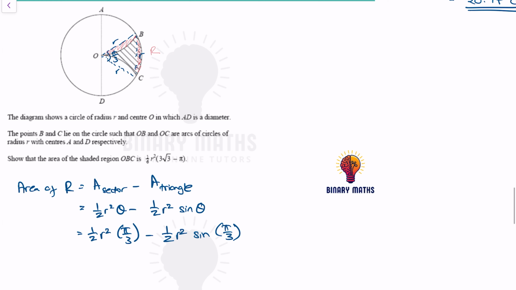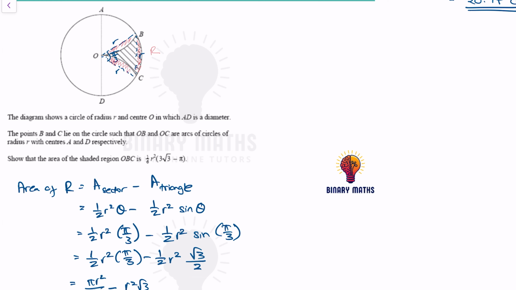Now, if you put sine of pi over 3 into your calculator, you get root 3 over 2. And then if you simplify this, you end up getting pi r squared over 6 take away r squared root 3 over 4. So that is one little part. But those little parts are the same thing as this one and that one.